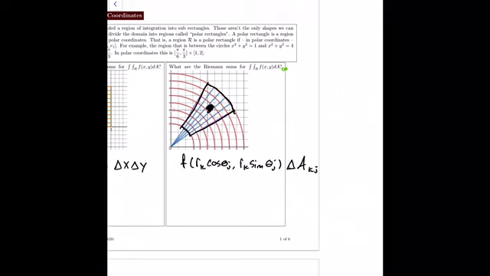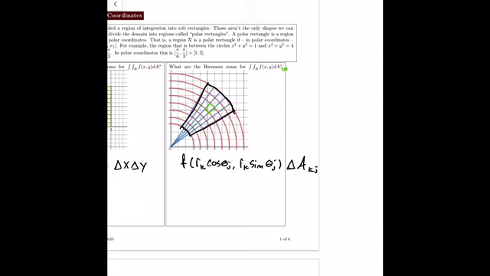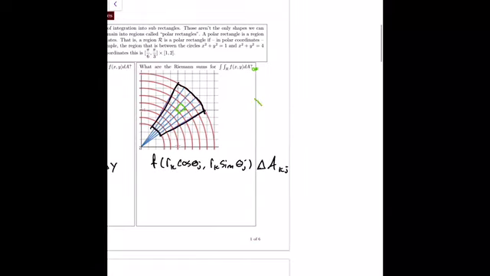So approximately, what is the area of this rectangle that I've colored in here? Well, let's kind of put it off to the side here. So what approximately is the area of this rectangle?